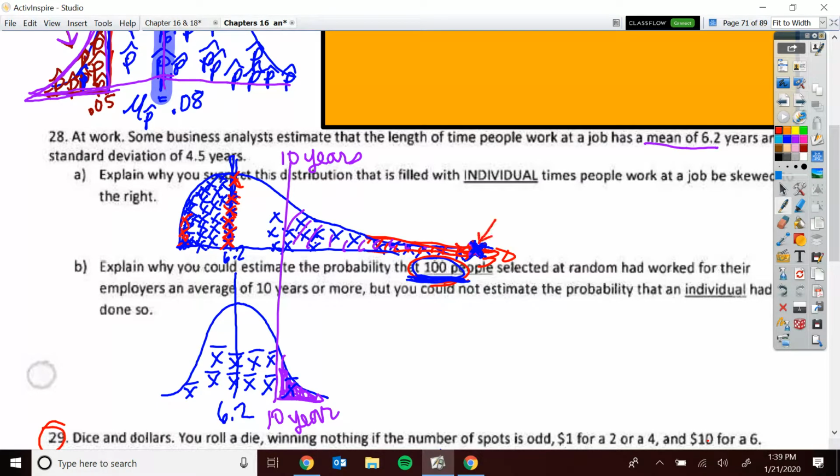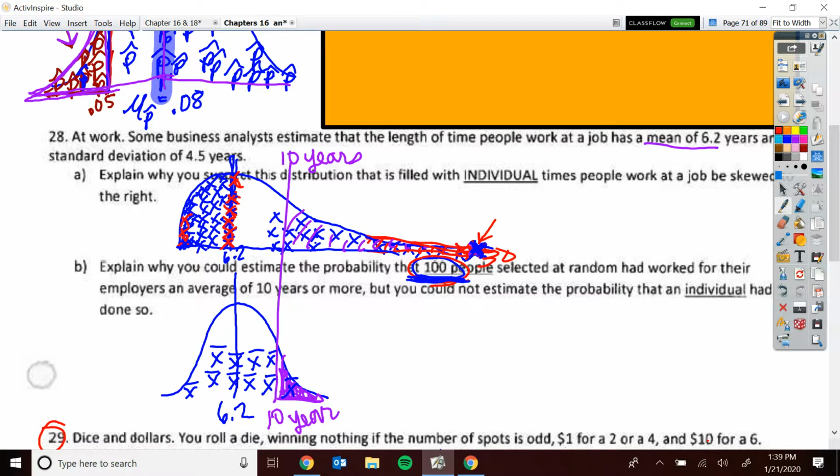Do any of y'all have any of your parents? Here I've worked 16 years, but my father-in-law started and retired at the same job. Not a whole lot of people do that. That's why he's an outlier up there. But you're supposed to explain why the distribution is shaped like this.